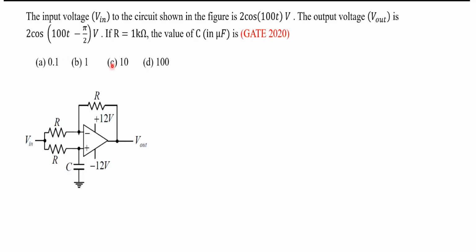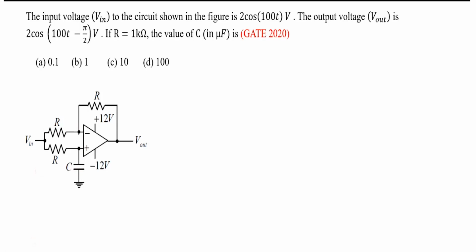Now, this was asked in GATE 2020. You can see that there is a capacitor. Although the form of the circuit is almost similar to what we have discussed before, instead of a resistor, there is a capacitor, right?